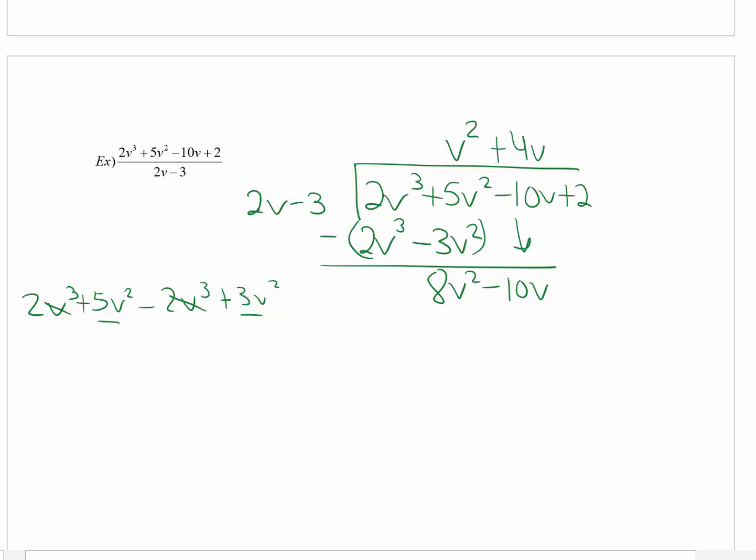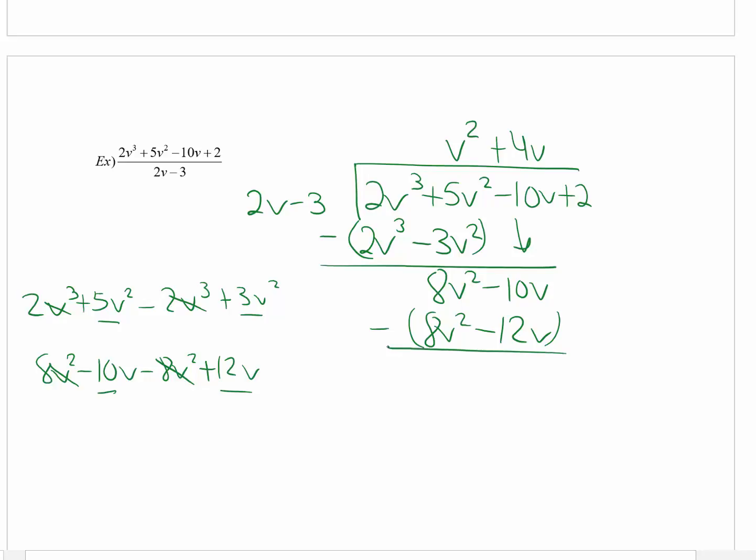So 4v times 2v is 8v squared. 4v times a negative 3, that is negative 12v. Okay, let's do this on the side. The 8v squareds subtract out. Negative 10v plus 12v is 2v. Bring down the next term.